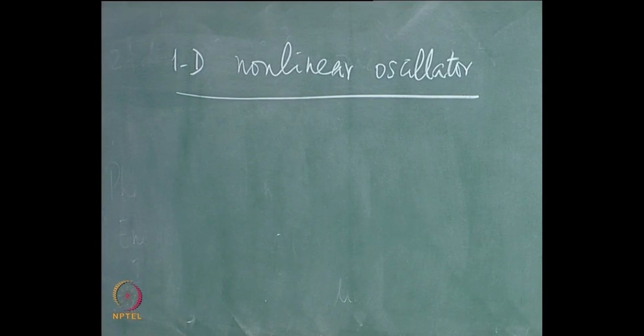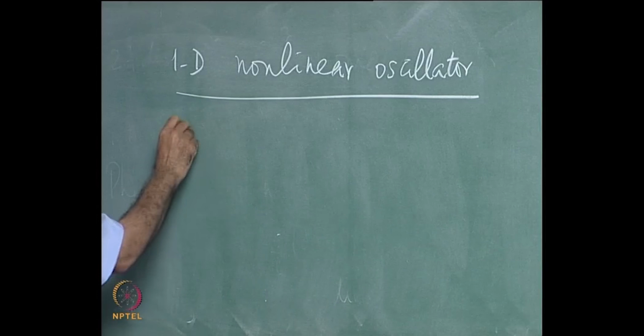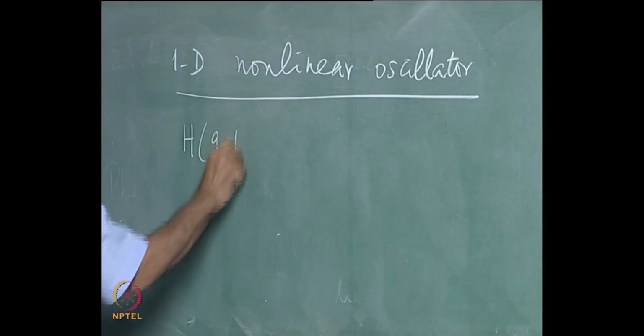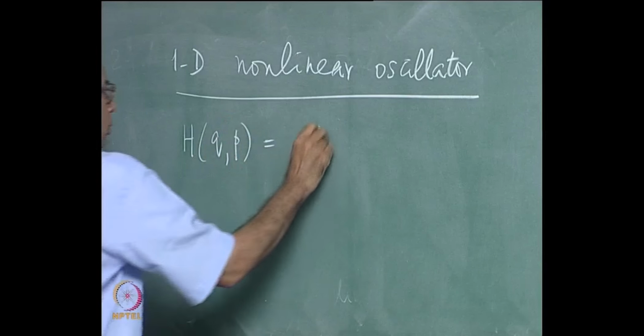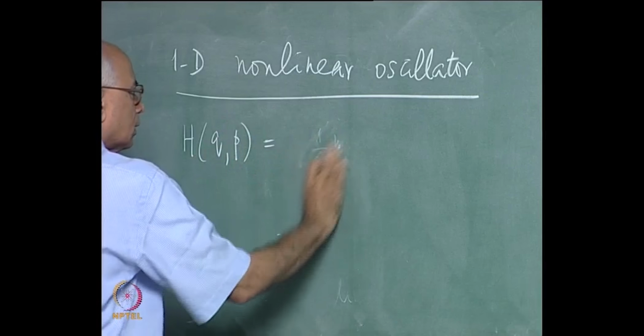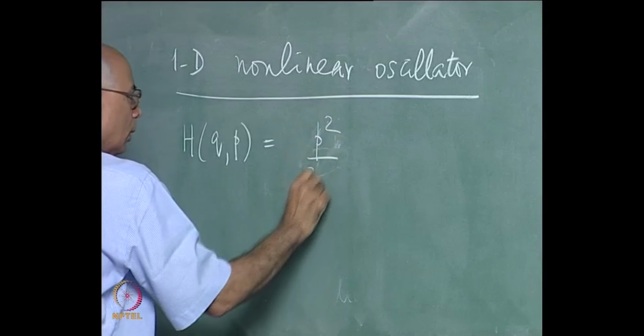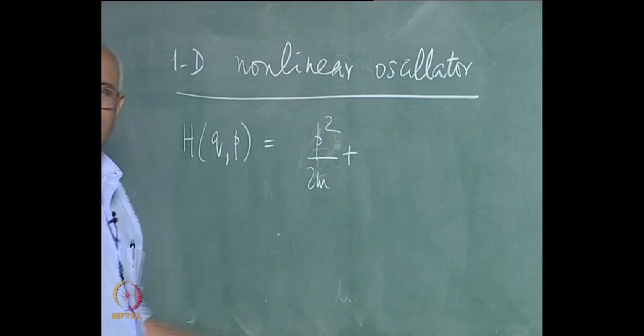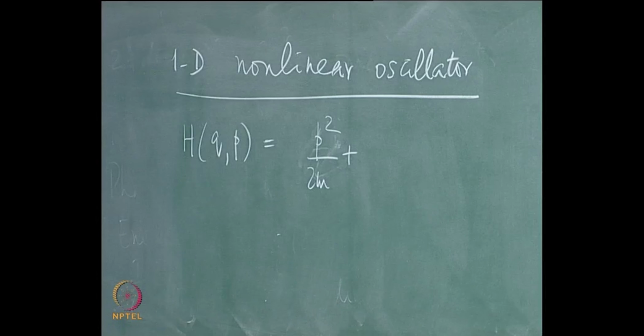I have a single degree of freedom, let us call it Q, and a conjugate momentum P, and the Hamiltonian in this case is H of Q and P, equal to P squared over 2m plus a potential energy. Let us fix the natural frequency of this oscillator to be equal to 1.